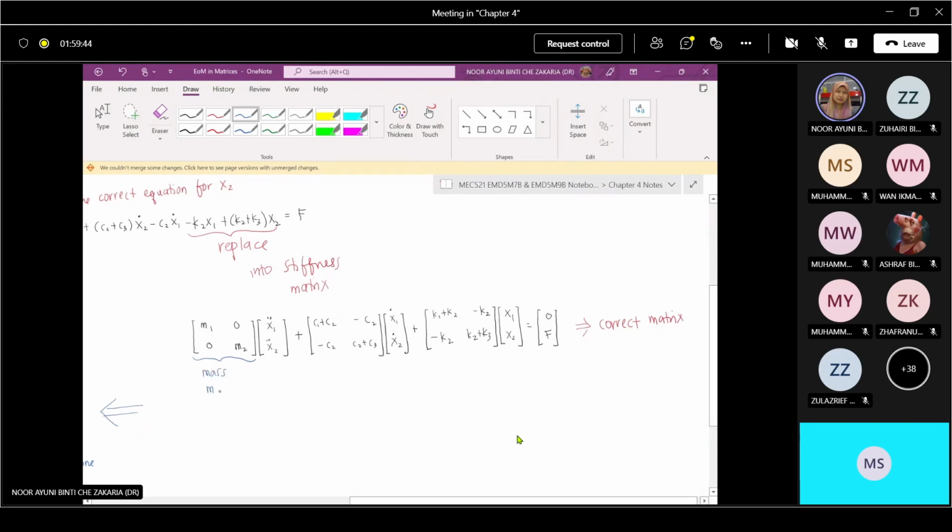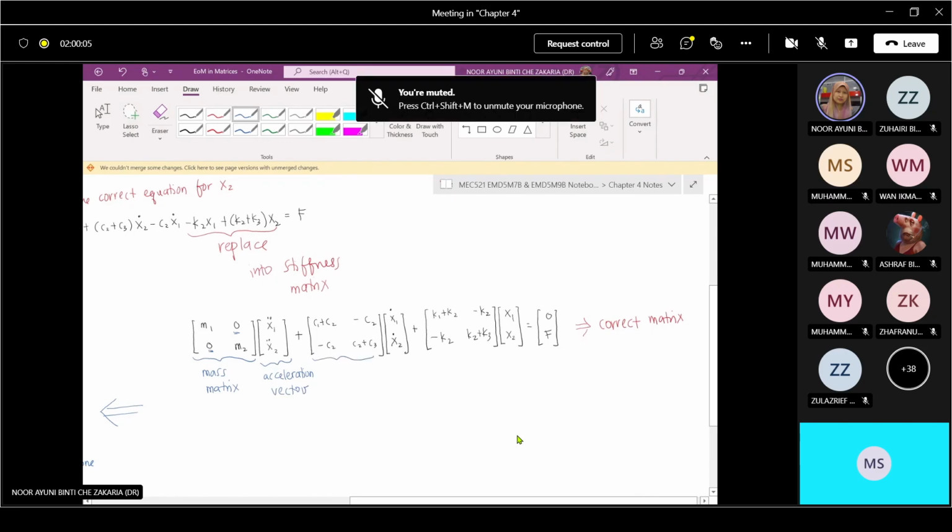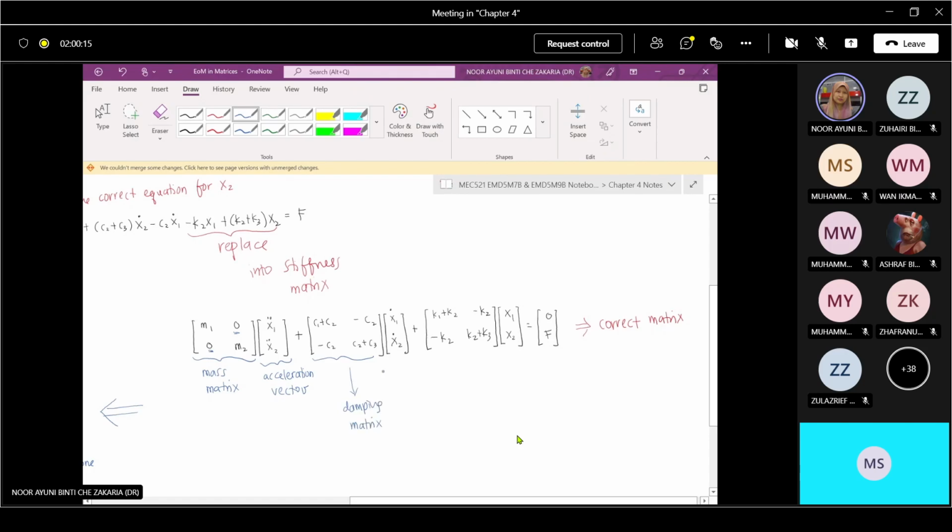Tadi dah tengok dah mass matrix. Make sure it is transposable, maknanya yang ni dengan yang ni bendanya sama, value dia akan sama. Okay, so this is acceleration vector. And this is damping matrix. This velocity vector.